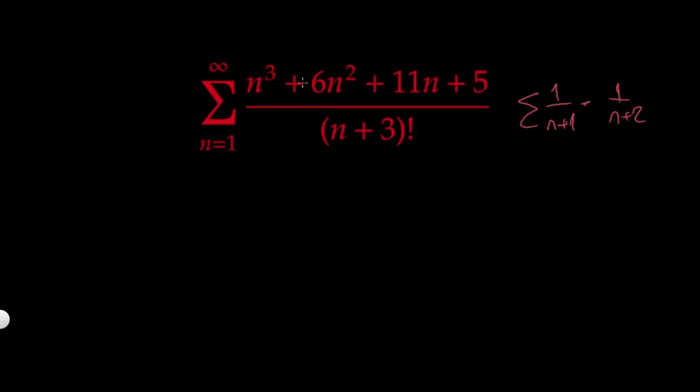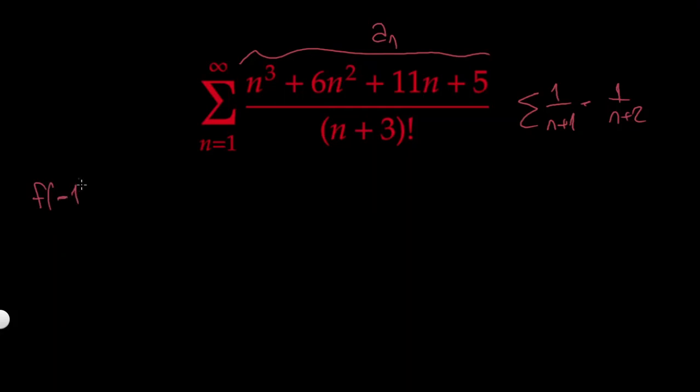Well, all of these signs are positive, so it's wise to just try negative numbers. If I put 0, it doesn't work. If I put minus 1, let's call this thing fn.